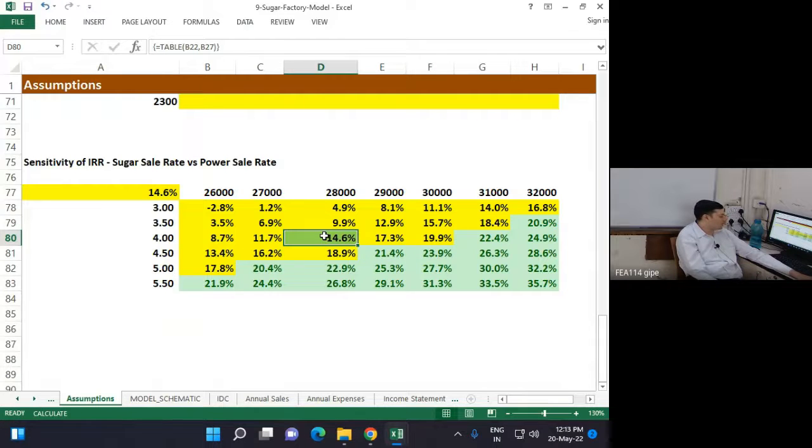So from the base case, one of the two things has to happen. Either the sugar price has to increase by 10% more, तो ये 28,000 में 3,000 बढ़ेगा तो 31,000 हो जाएगा, प्रोजेक्ट फिजिबल हो जाएगा, या the power sale rate has to increase by 20%, which is 14 का IRR 20.